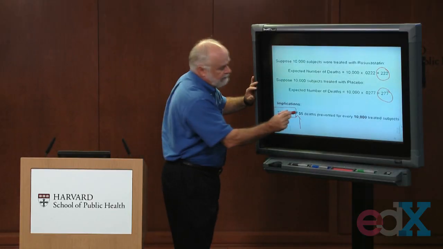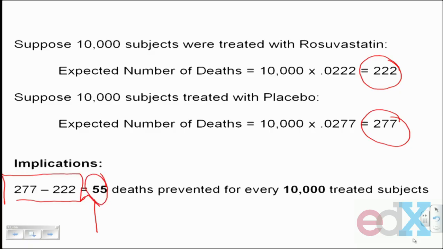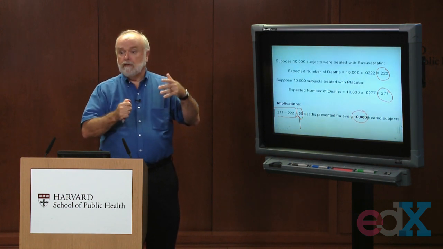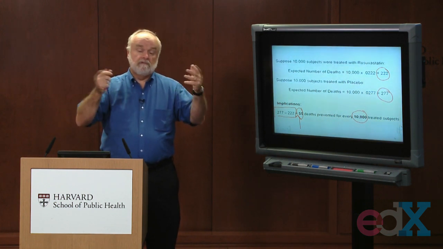Well, I could take it a step further. If 55 people are being saved if you treat 10,000, I could say how many would be saved if I treated only 1,000? Well, 5.5 deaths. How many would be saved if I treated just 500 people?